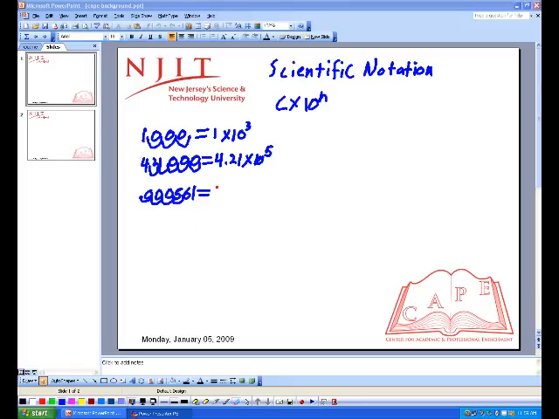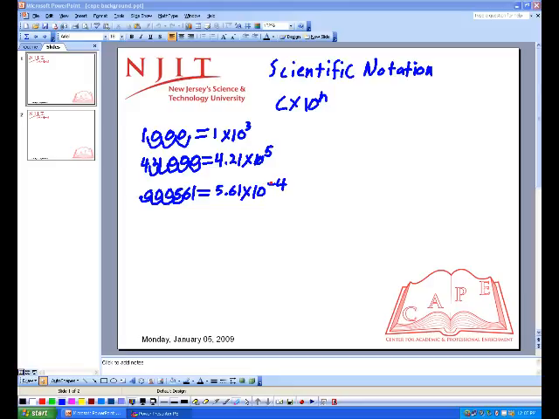So that's going to equal 5.61 times 10 to the negative 4th. If our base is to the left of our decimal point, then the exponent will always be positive. If our base is to the right of the decimal point, then the exponent will always be negative.